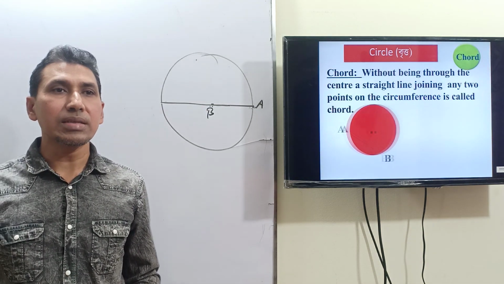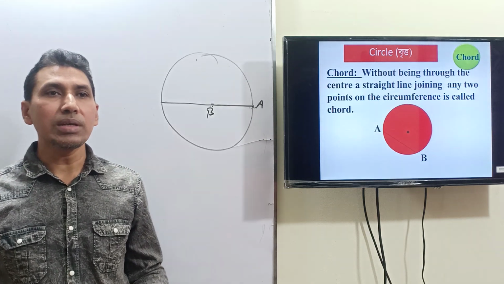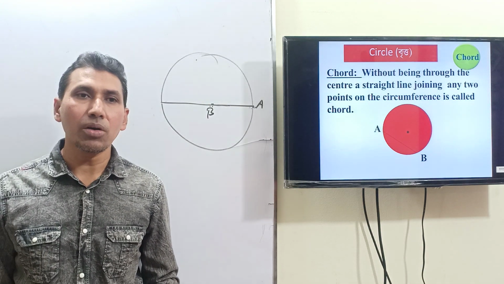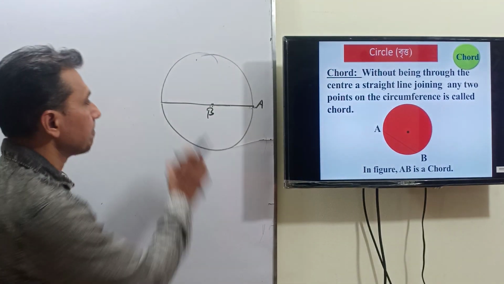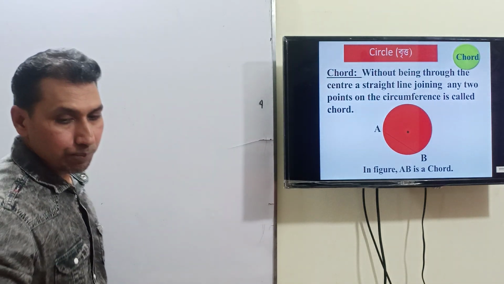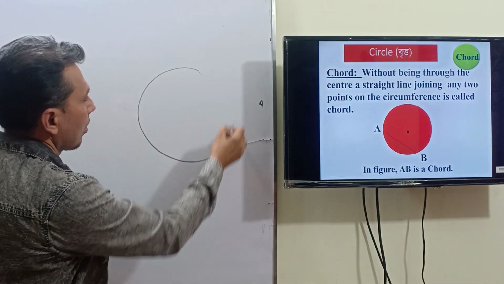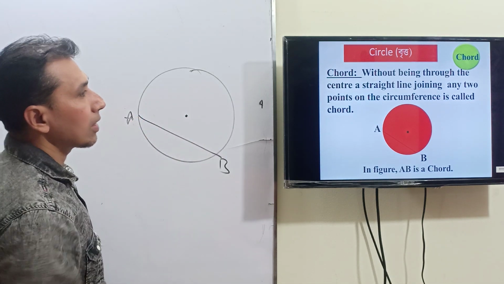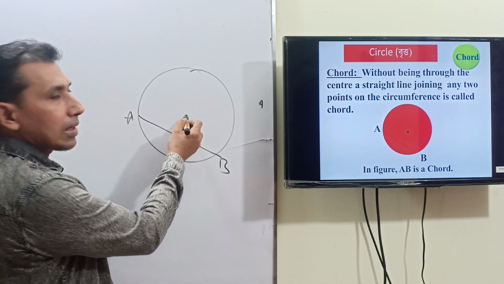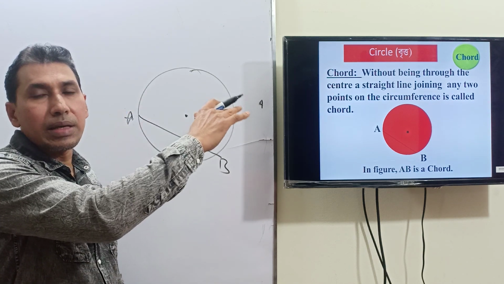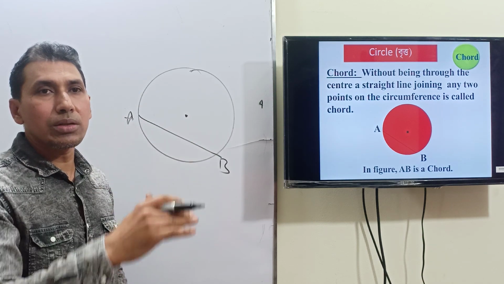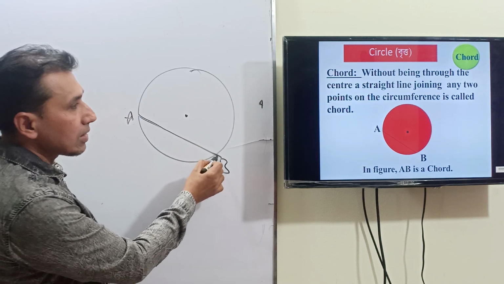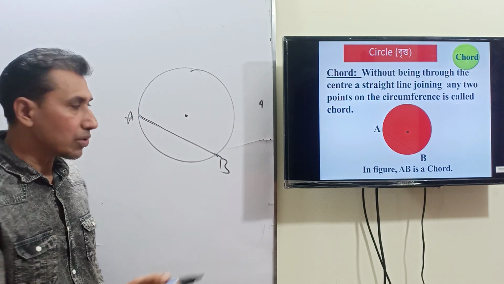Next one, chord. Like this, A, B, this is the center. Without being through the center, a straight line joining any 2 points on the circumference is called a chord.